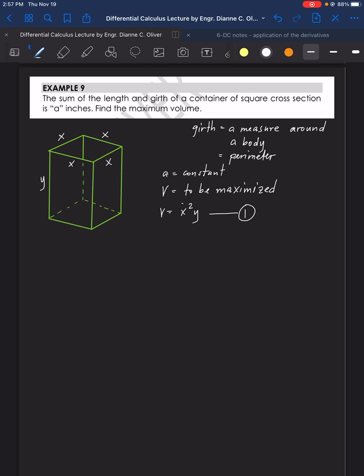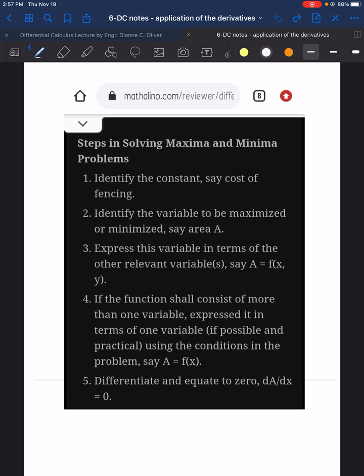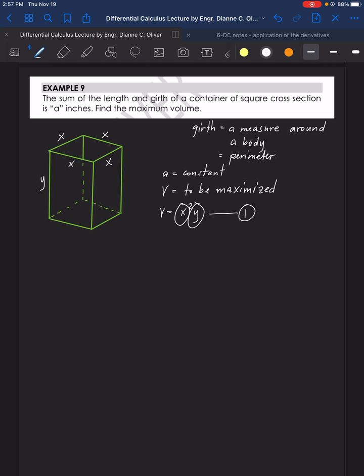Because we have two variables, that is in the fourth step. If the function contains more than one variable, in this instance, it's two variables, then we were looking for a second equation. So where can we get that second equation? Going back to the problem, we can observe that there's already an equation here.